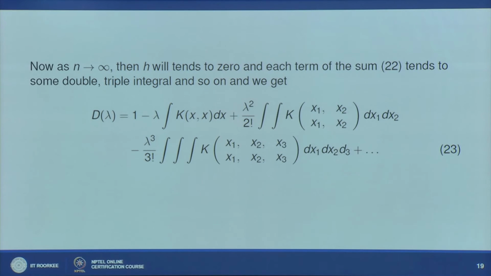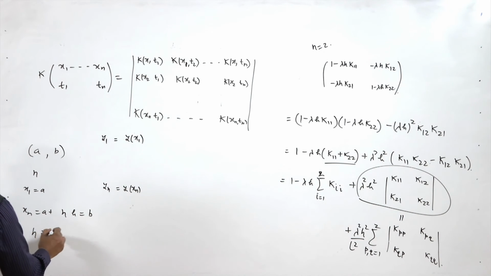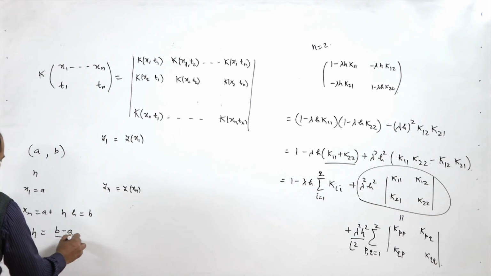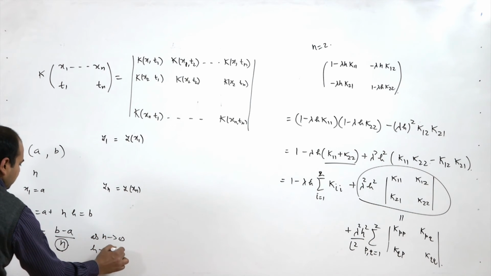I think we have written this as a plus nh, so a plus nh equals b. So h can be written as (b minus a) by n. As n tends to infinity, h tends to 0.